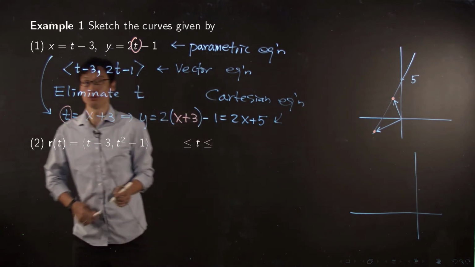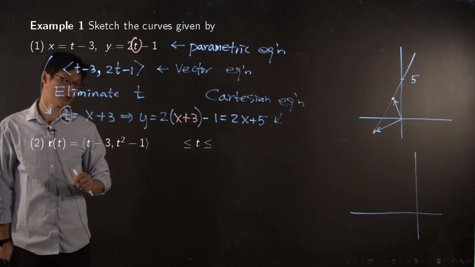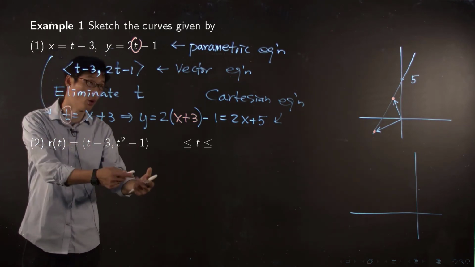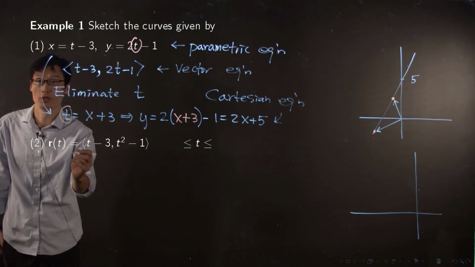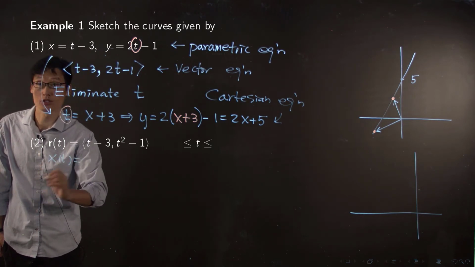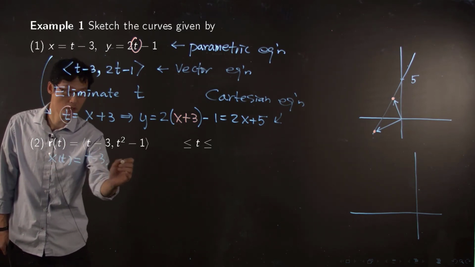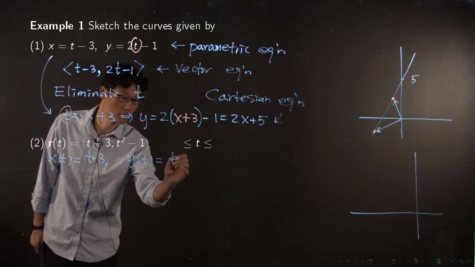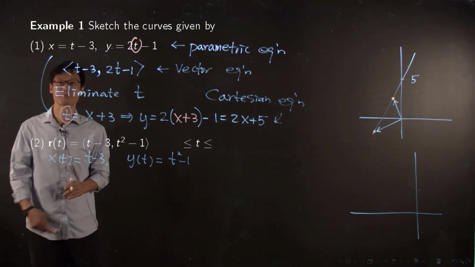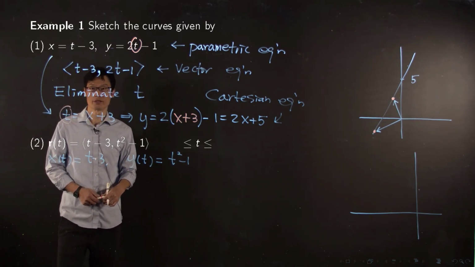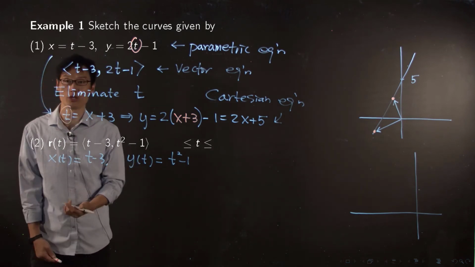Okay, second example. Well, this is already a vector equation, and you take the x component and y component to get the parametric equation. So the parametric equation is going to be the x component, the y component. Quite simple. All right, and then the Cartesian equation.